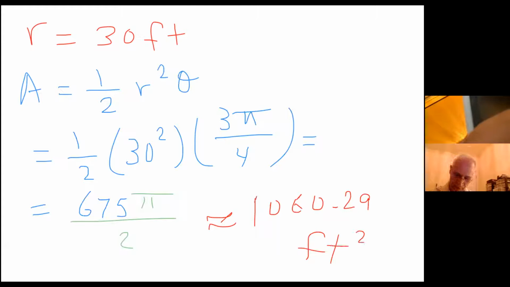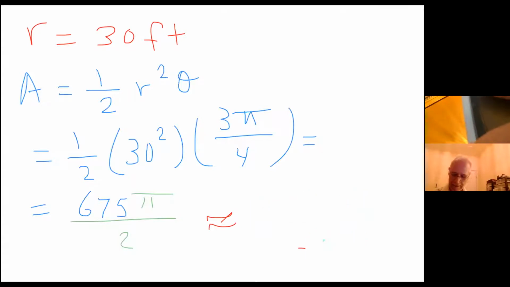So once again, 1060.29, rounded to 2 decimals. Boy, that's horrible handwriting. Okay. Let me try one more time. 1060.29 square feet.